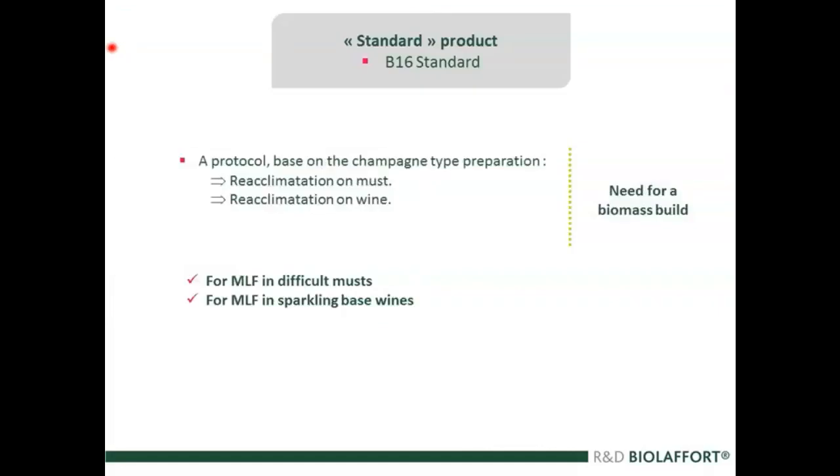There is another product that is called B16 standard. That is more a protocol based on a champagne type preparation that needs to go through a reactivation and then a pied de cuve step, either on must or on wine, that is more recommended for sparkling base wine and sometimes for malolactic fermentations in difficult musts.